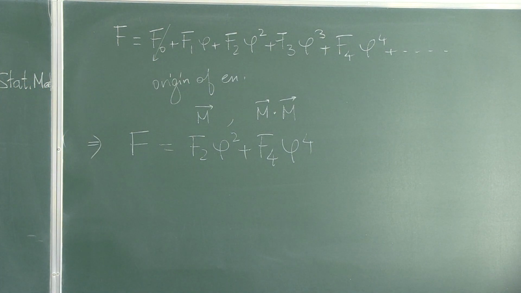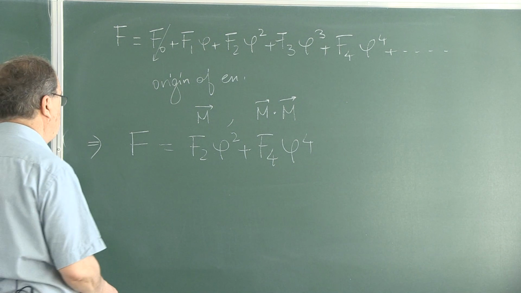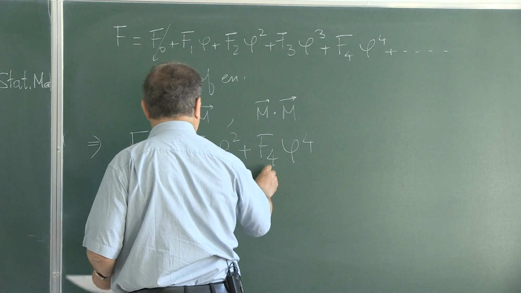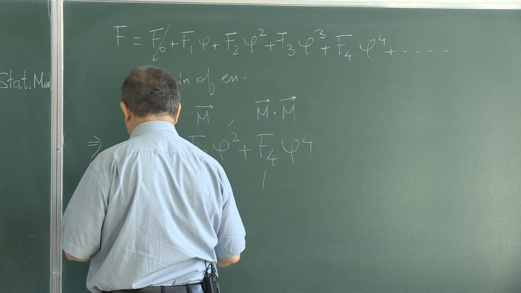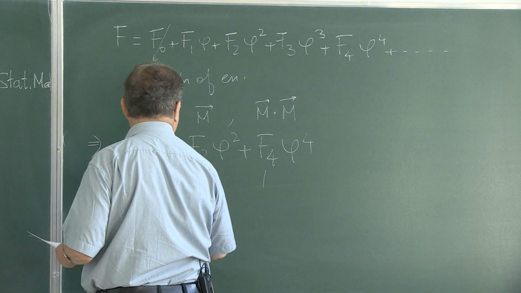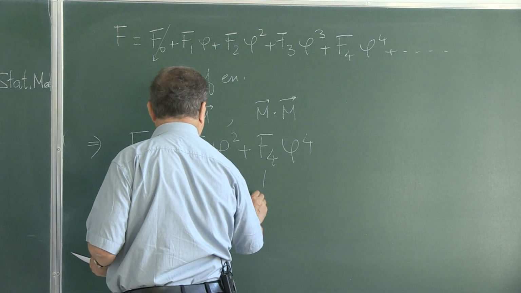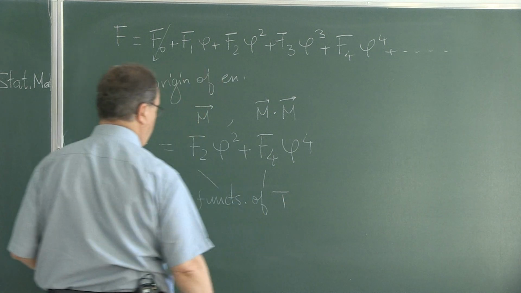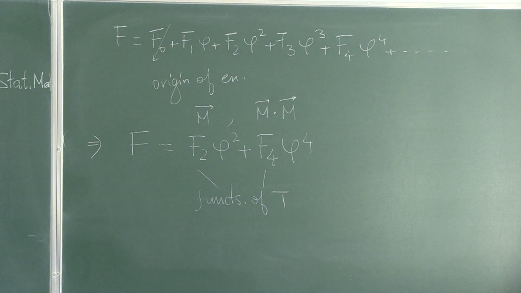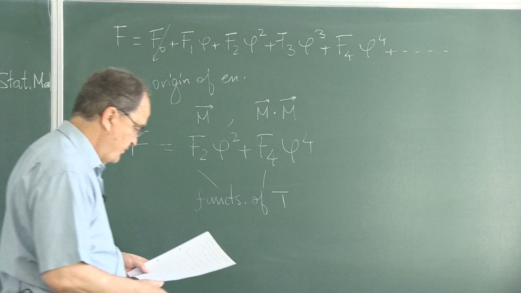Well, F2 and F4 are phenomenological coefficients. These are assumed to be functions of temperature. Okay? So we can go to the critical temperature by using these coefficients.